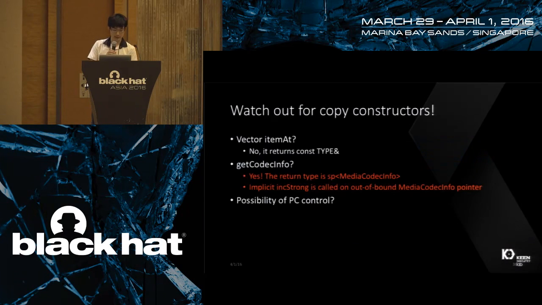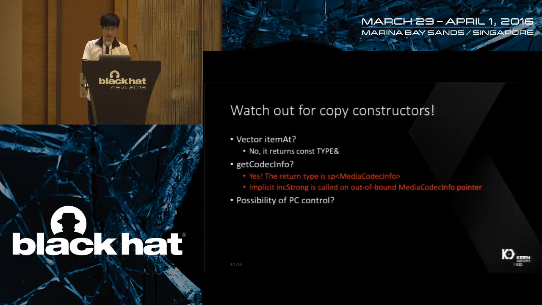As we see, getCodecInfo returns an sp<MediaCodecInfo>, so it is encapsulated in a strong pointer. When it is passed from one function to another, the implicit incStrong is called, as with an auto-bound MediaCodec pointer.